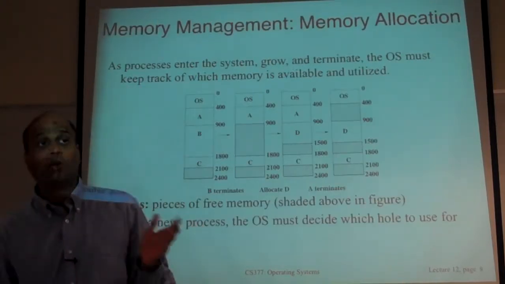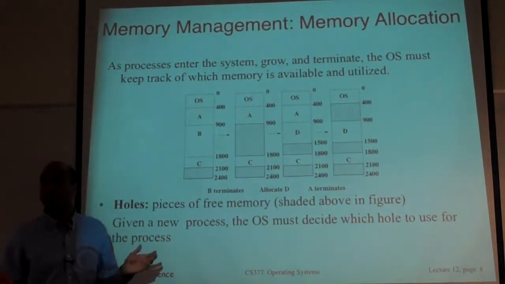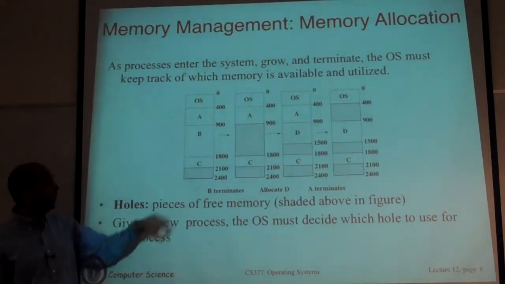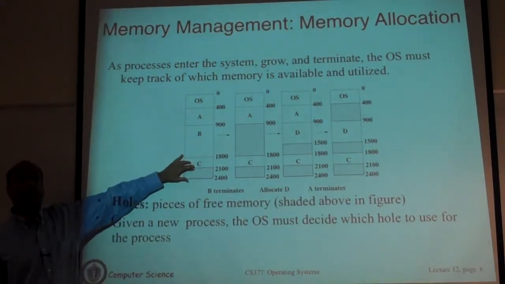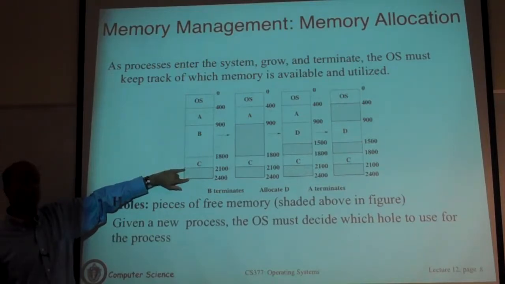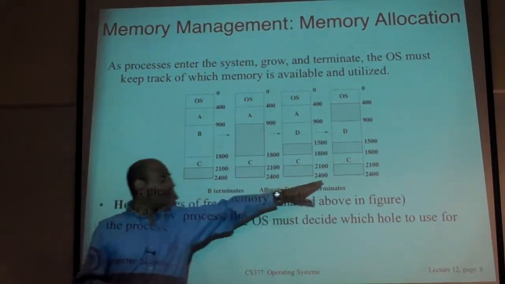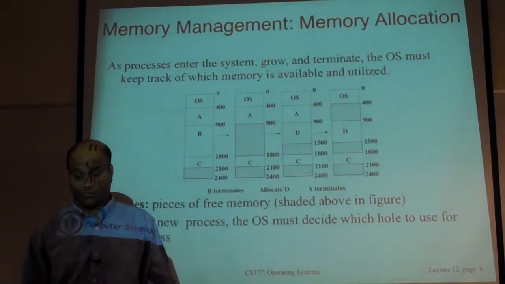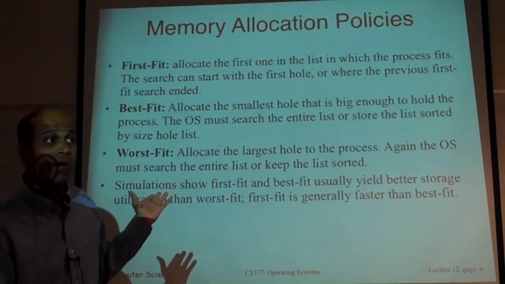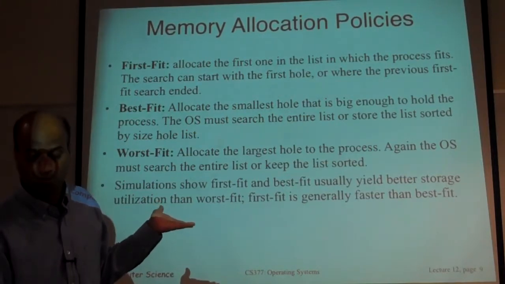If you have lots of holes all over the place, we say we have very fragmented memory. If there's only one hole, the entire free memory, and it's all at the end, that's not at all fragmented because it's very nicely laid out and all of your free region is at the end. So this is somewhat fragmented and that's not at all. We need to think about how fragmentation is impacted by these three policies.